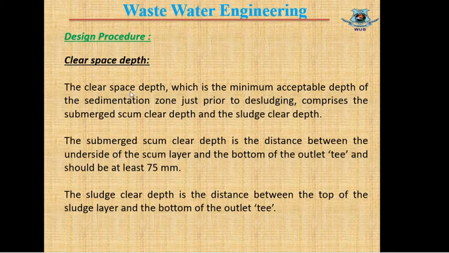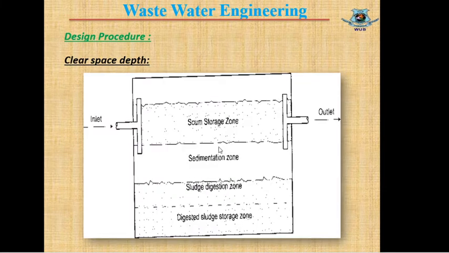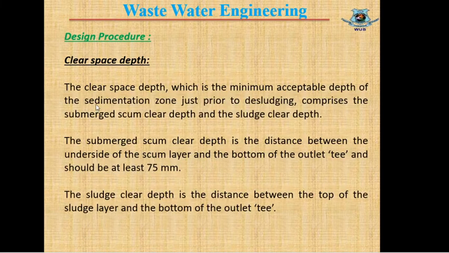Now the clear space depth. Clear space depth means the sedimentation zone depth; this is another name for this zone. It depends on two items, scum clear depth and sludge clear depth. By summing these two clear depths we can calculate the sedimentation zone depth, that means the clear space depth. Here the submerged scum clear depth is the distance between the underside of the scum layer and the bottom of the outlet T, and should be at least 75 mm.